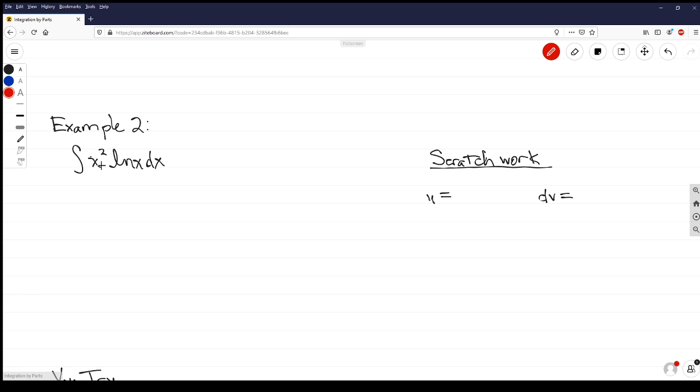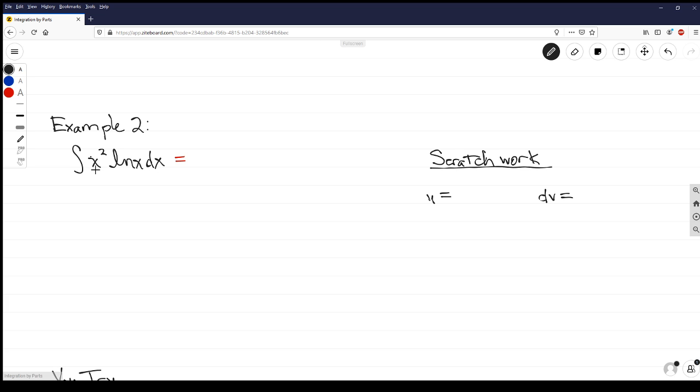Now in this case, we have the integral of x squared times the natural log of x times dx. And let's turn that into black. Okay, so in order to use this strategy, we need a u part and we need a dv part.